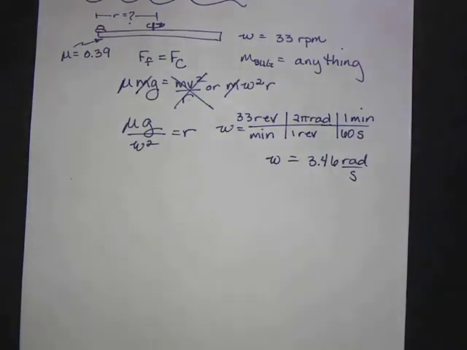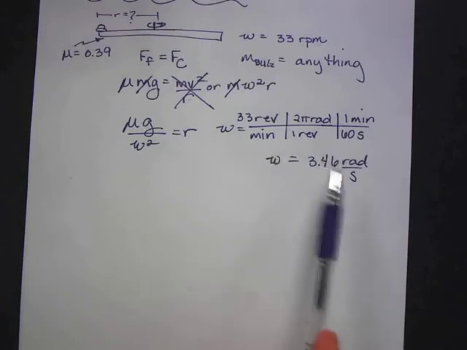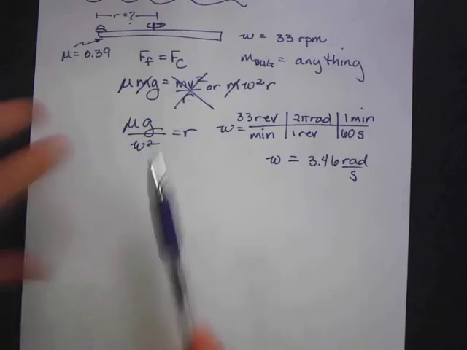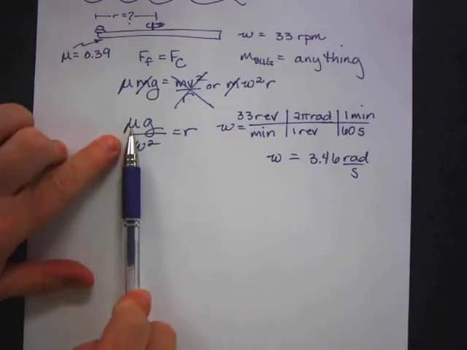I'll let you get caught up. So it's 3.46 when you multiply and divide everything. Now you're in standard metric units for angular speed.